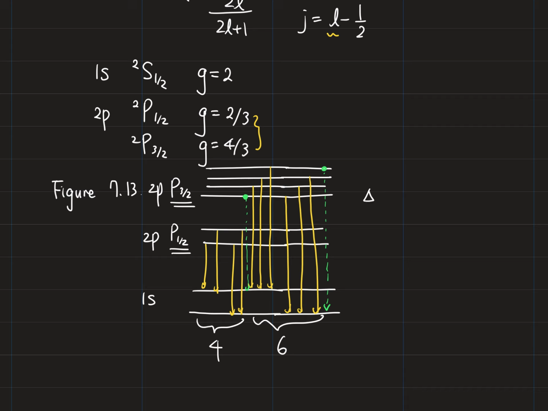So according to the selection rule, the change in J value should be 0 or plus minus 1. But these transitions with the green dotted line correspond to ΔJ equal to plus minus 2. So these transitions are not allowed.